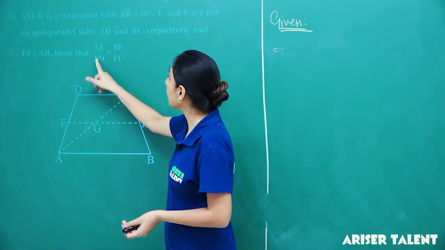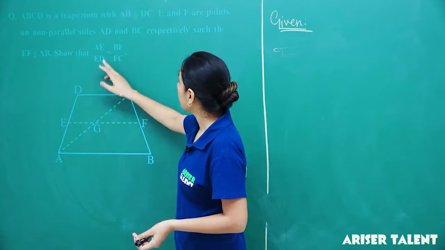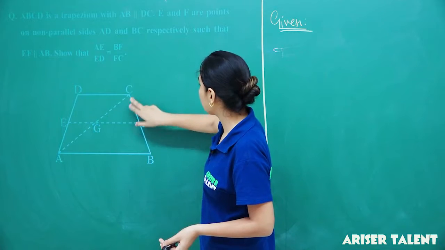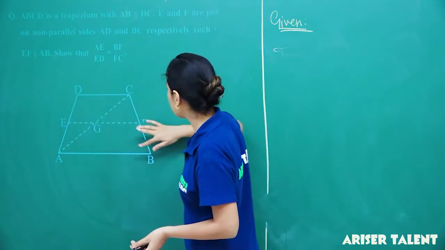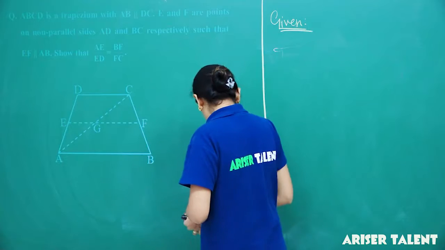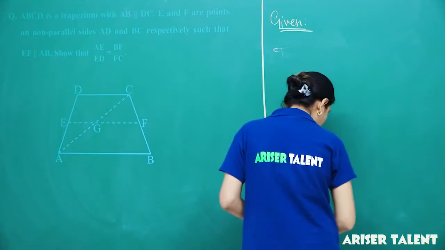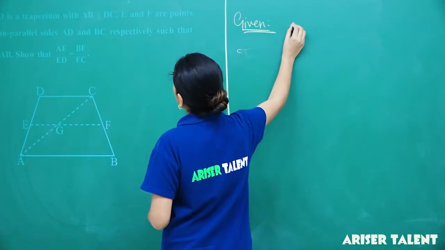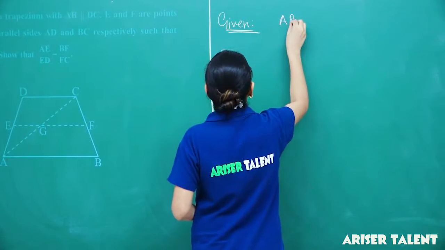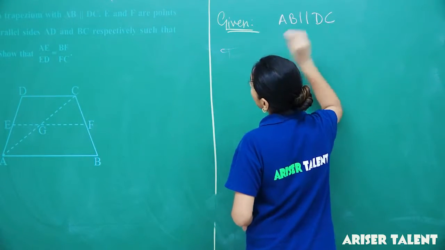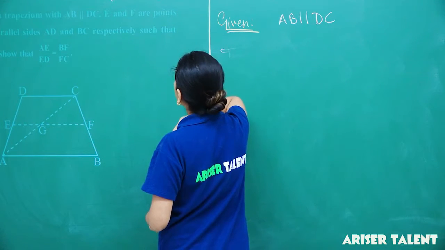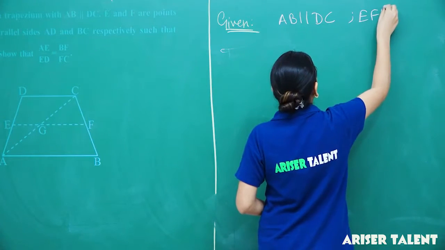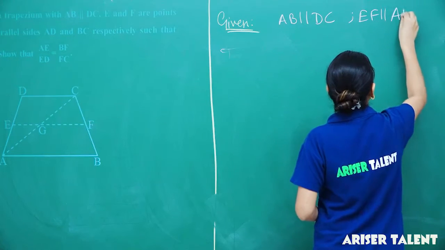Now, we have to show that AE by ED is equal to BF by FC. We have to show that these proportions are same, right? So, again with the process, we will start. We have given AB parallel to DC, and we have given EF parallel to AB.